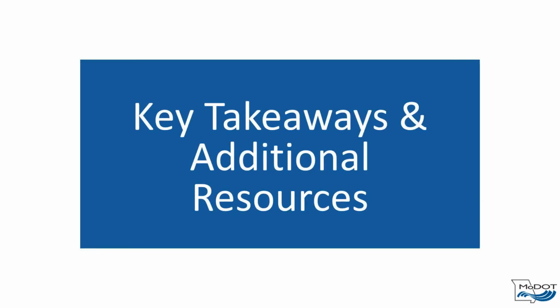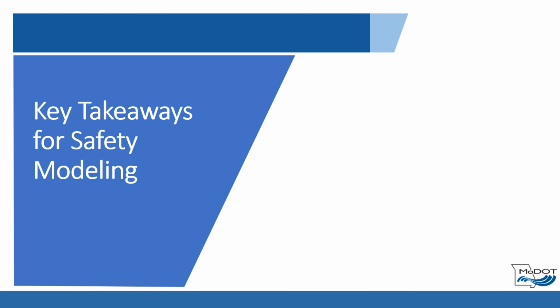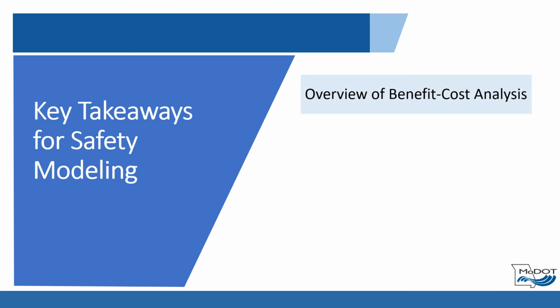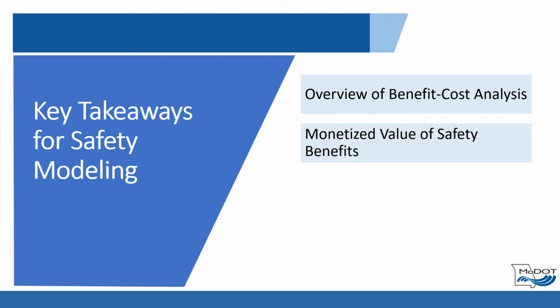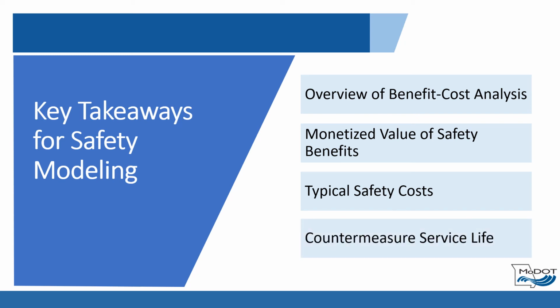Now, let's discuss key takeaways and additional resources. The revisited key takeaways from this module include an overview of a benefit-cost analysis, how to estimate the monetized value of safety project benefits, the typical approach to estimate safety project costs, and how to determine the anticipated service life of a safety project countermeasure.